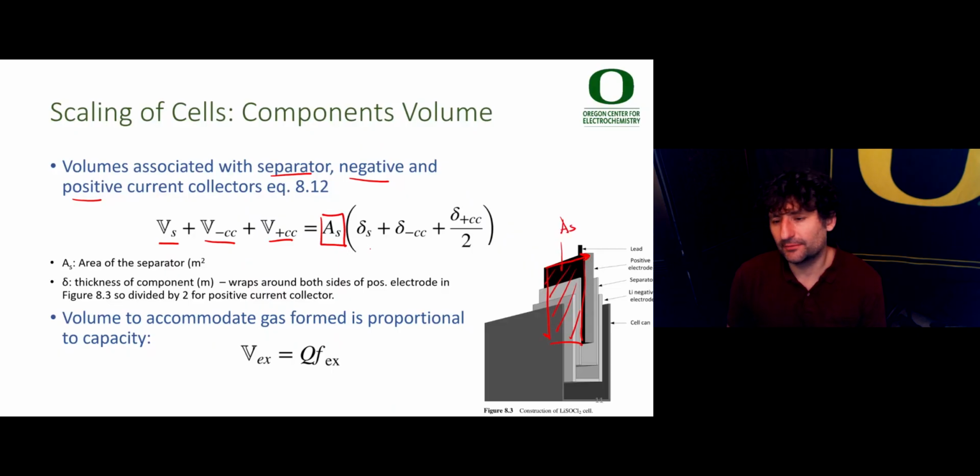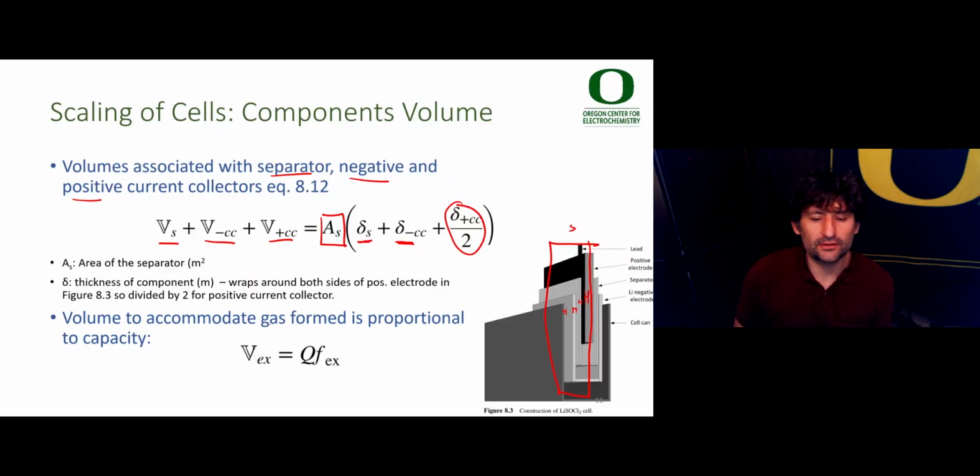And the way Fuller and Harb have done this calculation is they take the thickness of the component, here is the separator, and the thickness of the current collector, out here, but they take half the thickness of the positive current collector. And that's because what they're considering to be a cell, a single cell, is sort of 1/2 of this overall wraparound cell. So you just take this thickness, this thickness, this thickness, and half of the interior thickness. And that's just due to the definitions here.